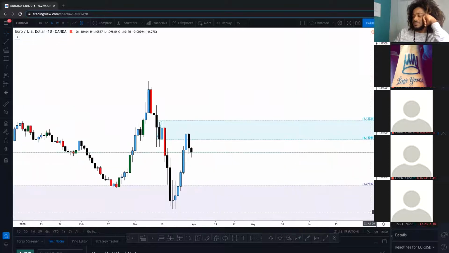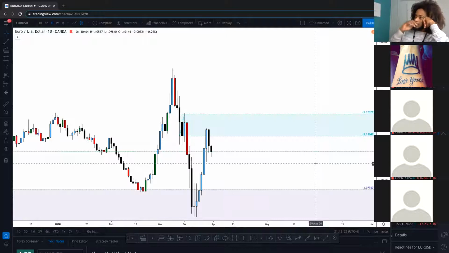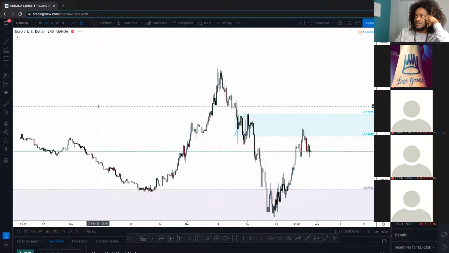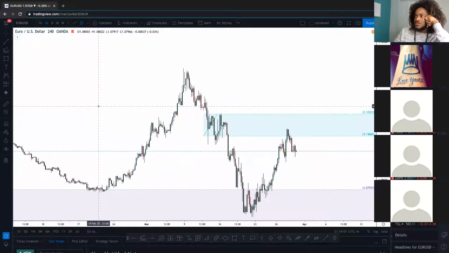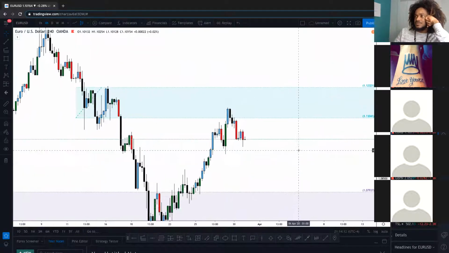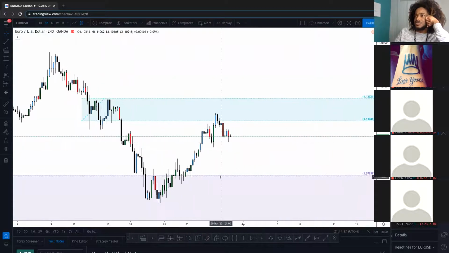Daily supply blue, monthly demand purple, right? So right now, daily supply in control. However, the market is reacting off a monthly, right? So we know the original plan is to look for longs. That's the original plan, looking for longs, because on a higher time frame, demand is in control, right?